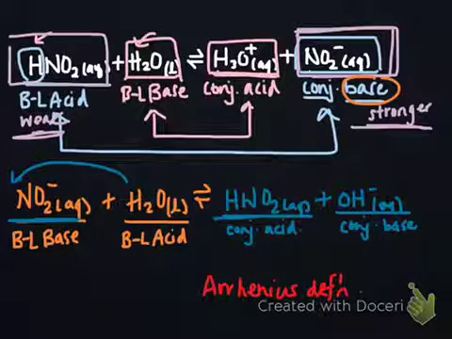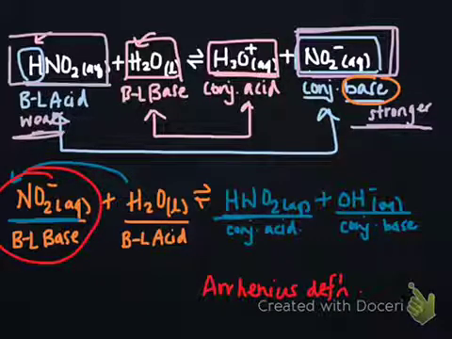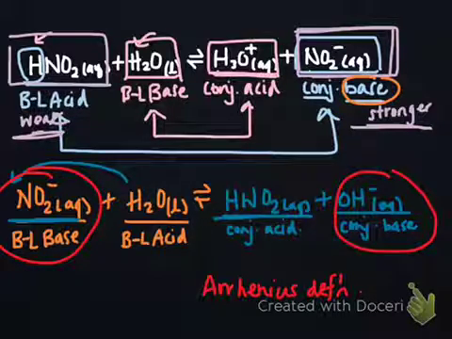Because if I'm calling NO2 a base, not only is it a proton acceptor, but it also produced hydroxide from the water. So this is a little confusing, but it blends two definitions together. It's producing hydroxide, hence its basic nature, but it's also accepting hydrogen from a Bronsted-Lowry perspective.